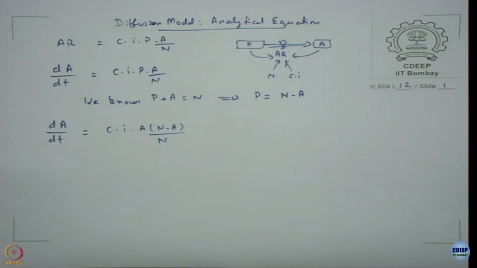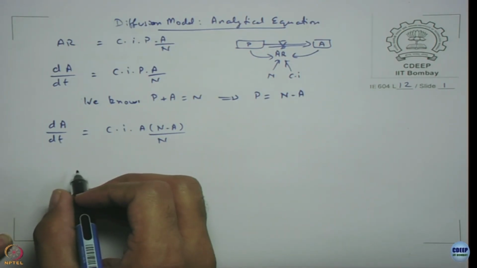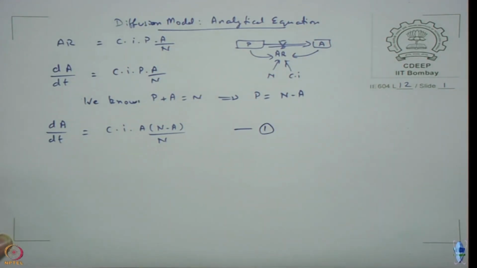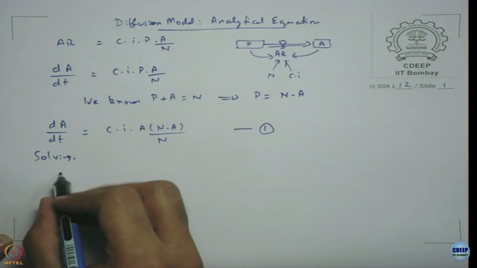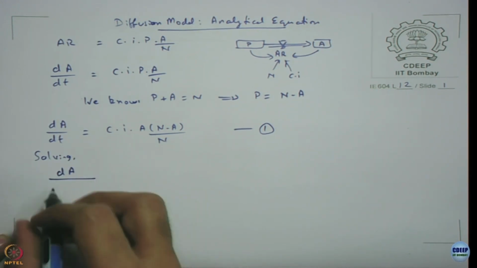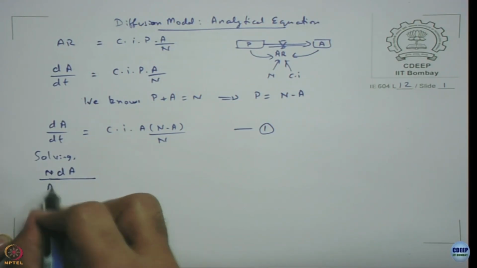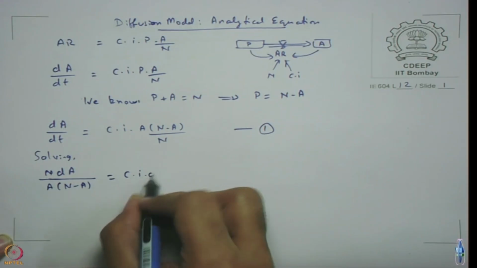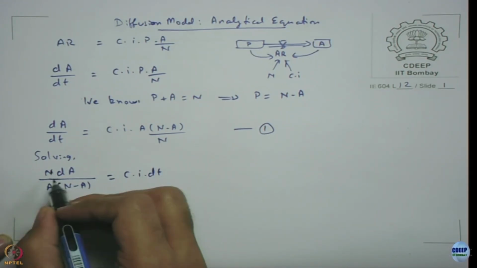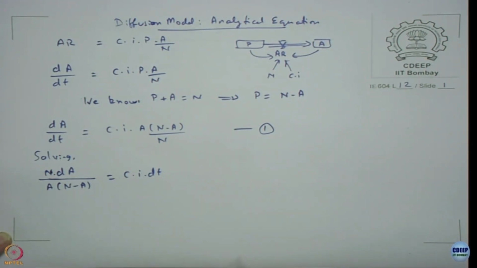We are going to do a very similar thing right now. So, we would like to solve this. Let us just denote it as equation 1. Solving, let us say dA by dt, N into dA by A into N minus A is equal to C into I into dt.